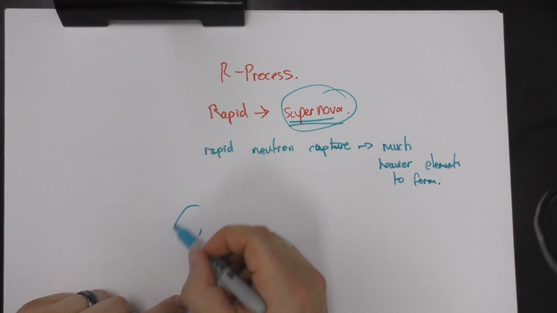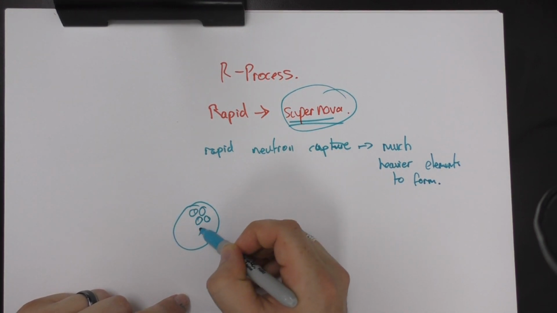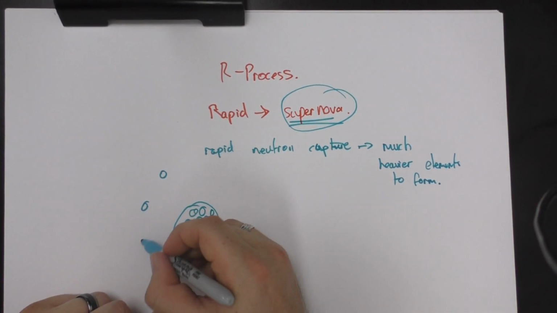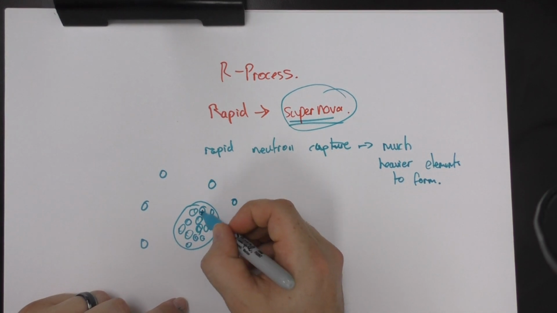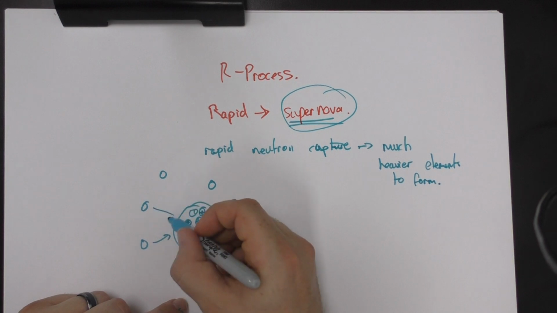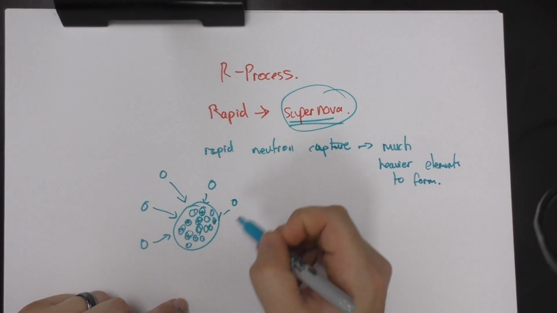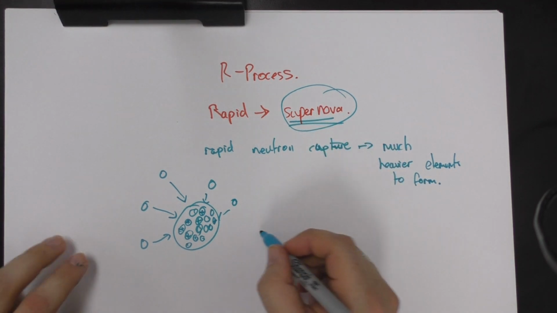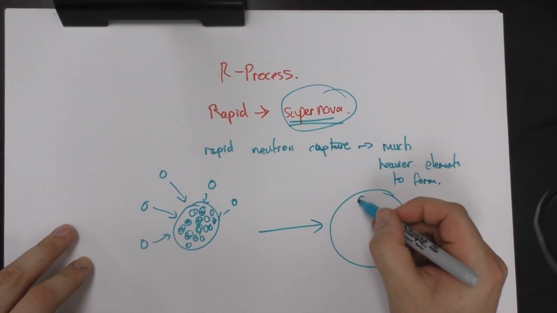It's effectively the same process. You've got your element here, but instead of just this slow one neutron at a time, instead you've got lots and lots of neutrons all smacking into nuclei all at the same time, and they're all jumping in there, and we're getting the beta decay as well, and it's all happening so quickly, and we get these absolutely massive nuclei.